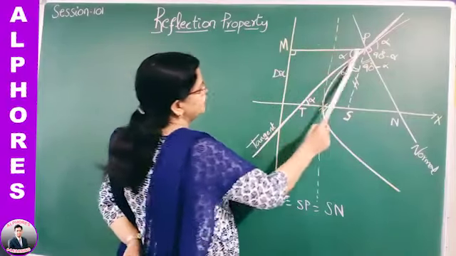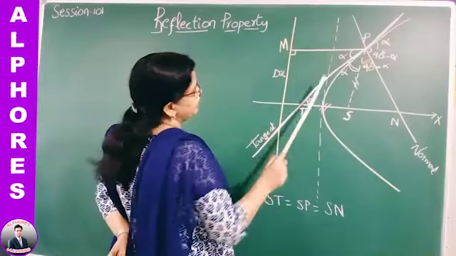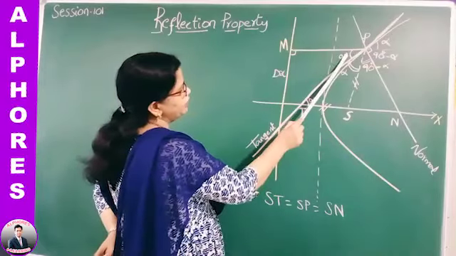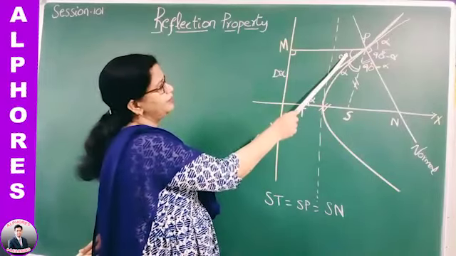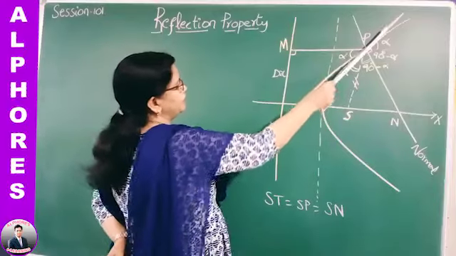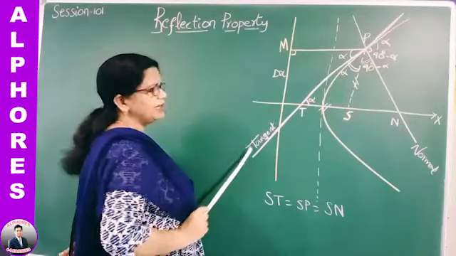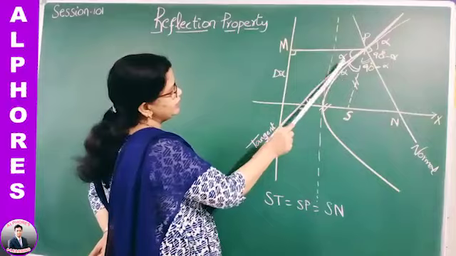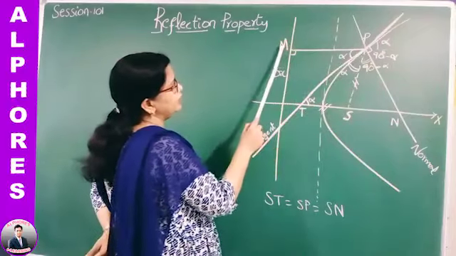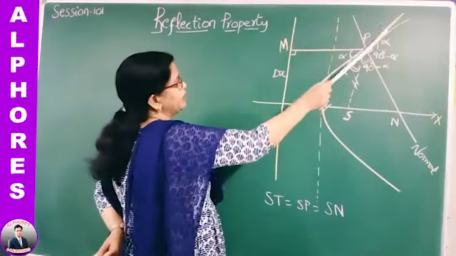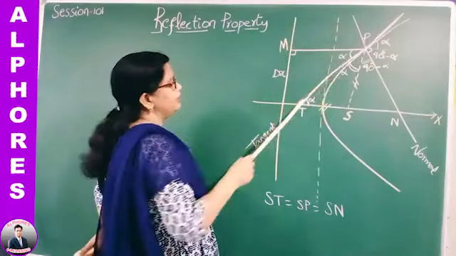If you extend this line, you can observe that as this angle is alpha, this is also alpha. This implies the tangent is the angular bisector of the lines SP and PM.